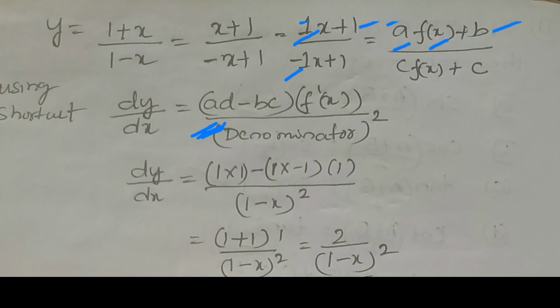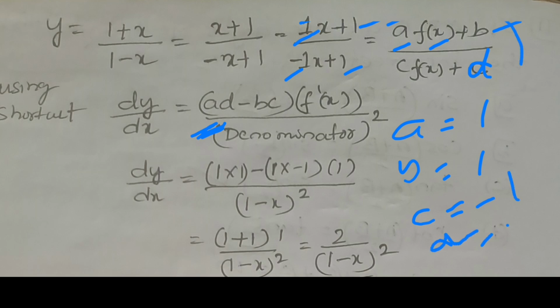C is minus 1, and this is not a C, this is a D, D is 1 according to this condition.